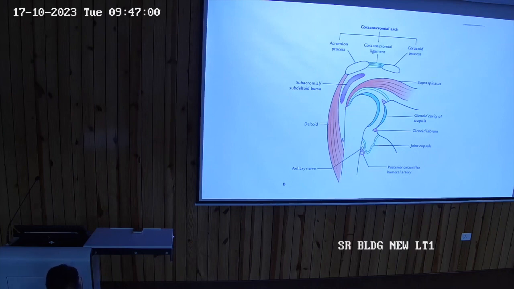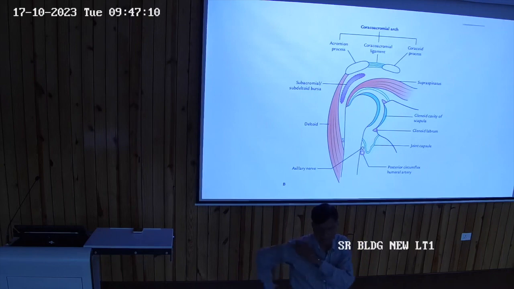Extension. Extension at the shoulder joint is done by the posterior fibers of the deltoid and latissimus dorsi muscle. Do the movements and feel here. In flexion, anterior fibers of the deltoid and clavicular part of pectoralis major.